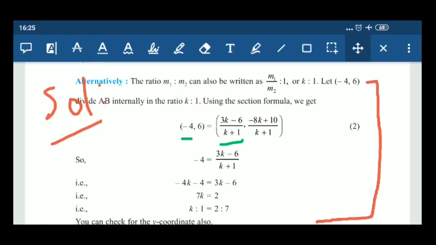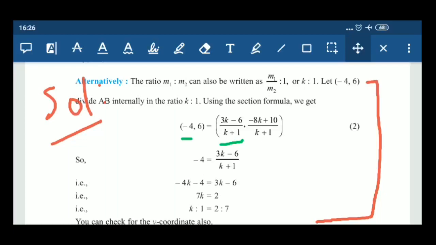We can write the ratio m1:m2 in the form of k:1. So let (-4, 6) be a point which divides AB internally in the ratio k:1. Then by using the section formula we will get (-4, 6) equals ((3k - 6)/(k + 1), (-8k + 10)/(k + 1)). On the left hand side, you write the given value of P, and on the right hand side, by using the section formula, you get this value.